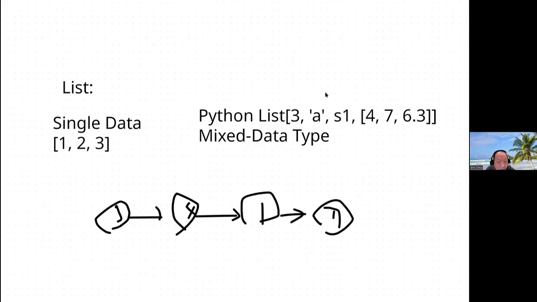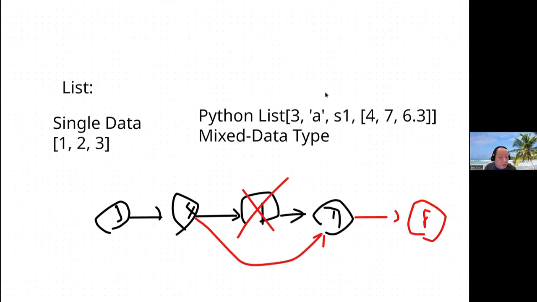You can delete one. So you bypass that, you can bypass the data of one. You can also insert another one, put it in the list, in the middle somewhere. So that is the list.